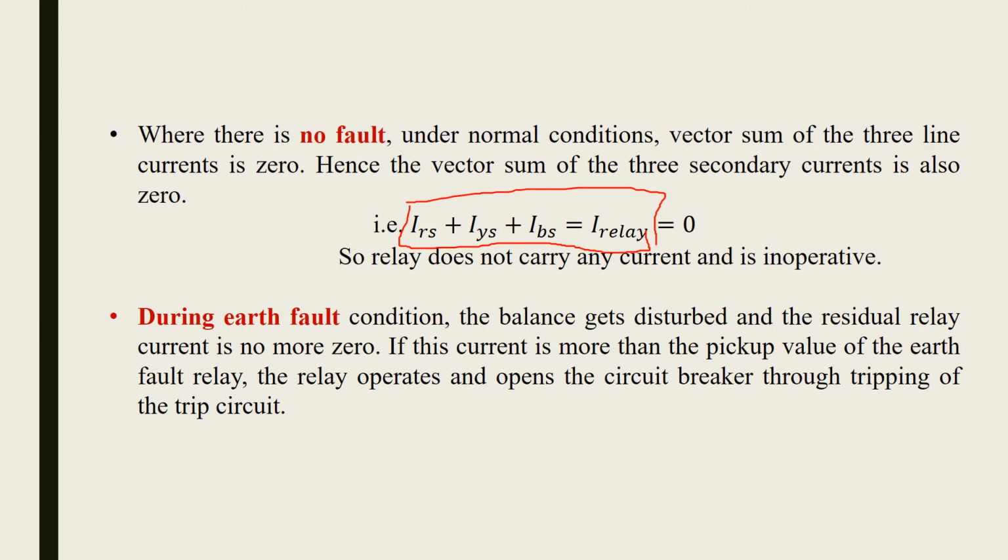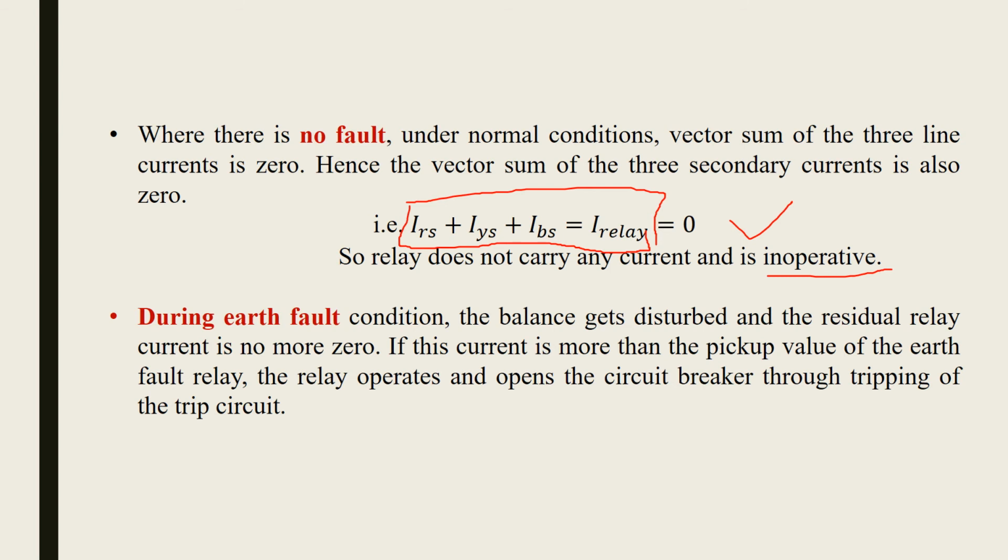During normal operation, the vector sum of the three line currents will be equal to 0, and therefore the vector sum of the three secondary currents flowing through the CTs will also be equal to 0, and therefore the relay will not be carrying any current, and thus it remains inoperative under normal condition or no fault state.